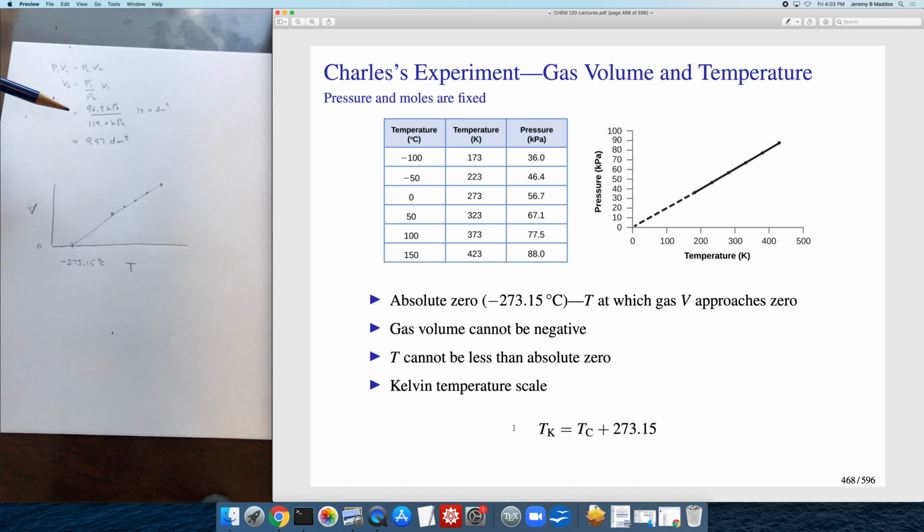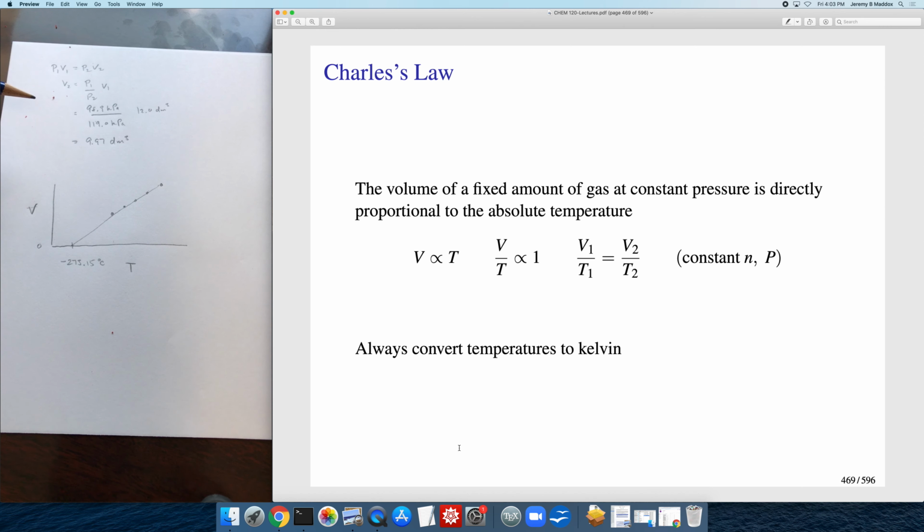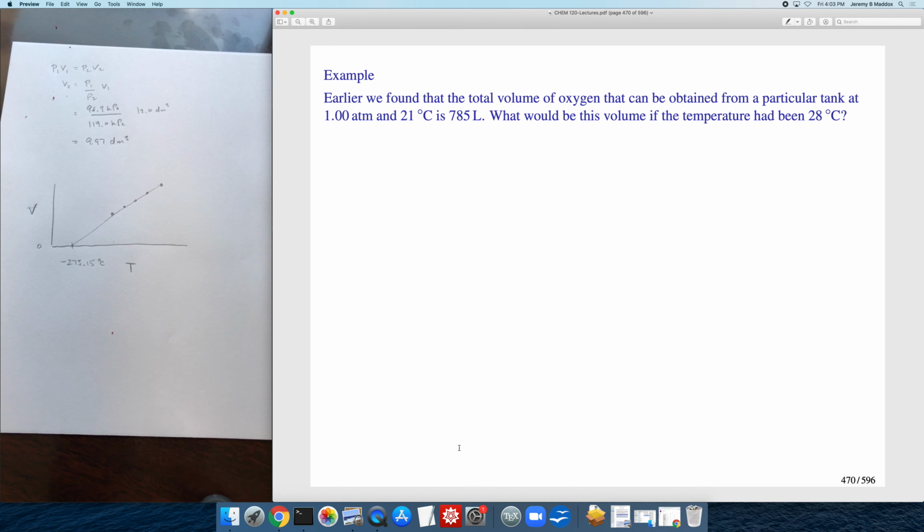You always need to express your temperature in units of Kelvin. So we always have to be ready to convert degrees Celsius to Kelvin. Here are the equations that we've already looked at for Charles' law. And so I'm just going to move on to the Charles' law problem.